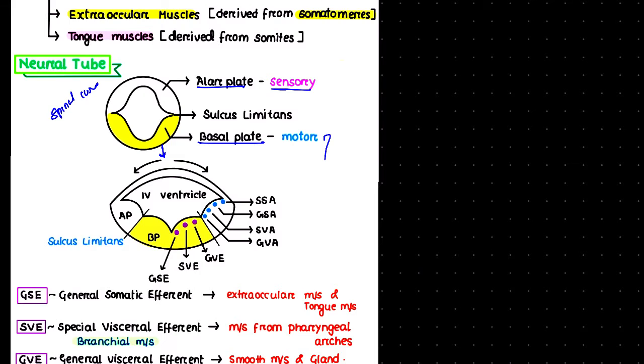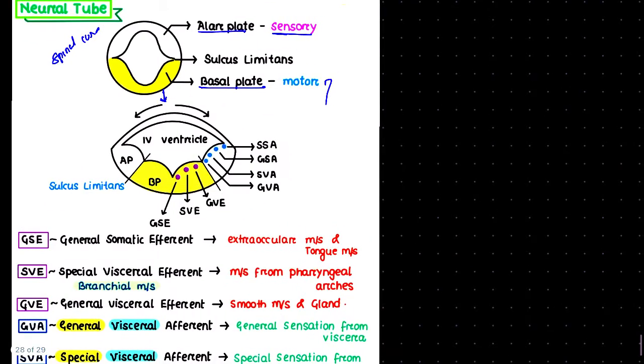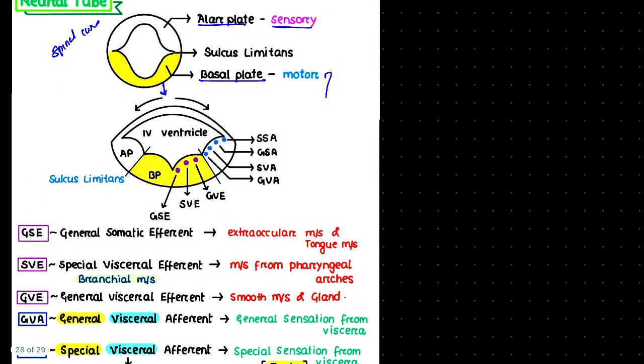As a result, the alar plate, or alar lamina, comes laterally, and the basal plate comes medially. As I mentioned, the basal plate gives motor nuclei, and the alar plate gives sensory nuclei.